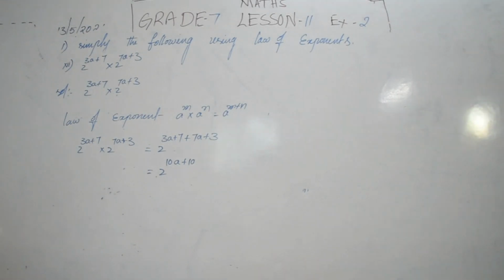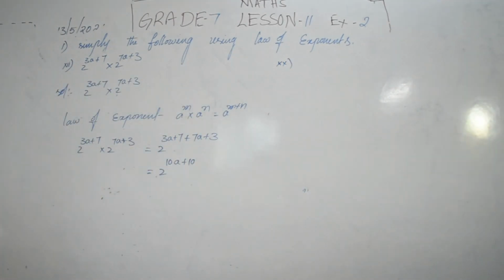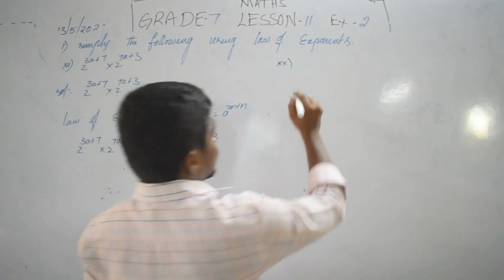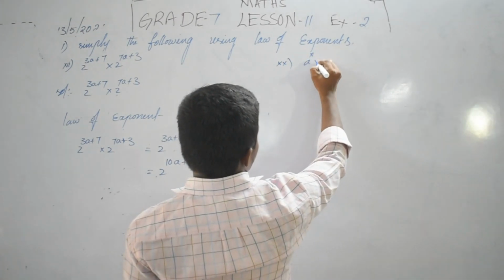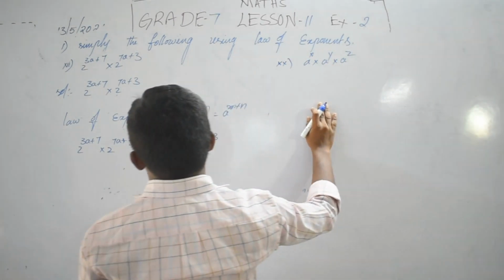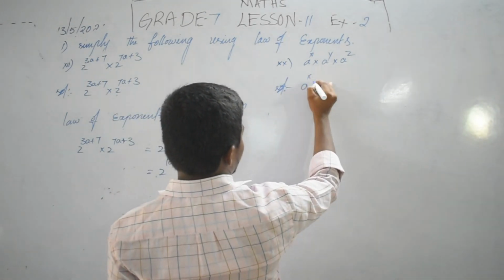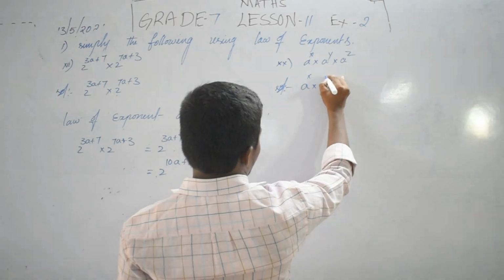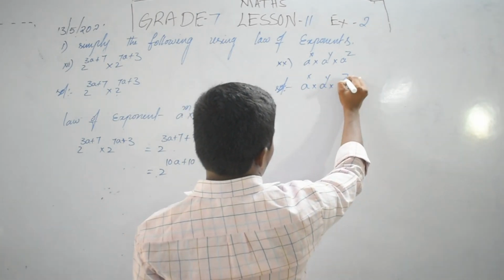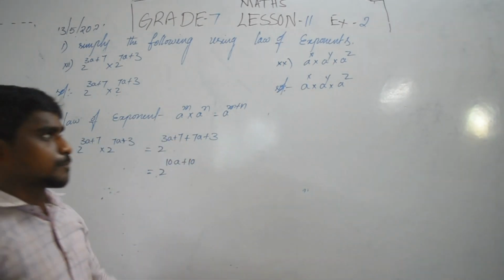Last one, the 20th problem. Here a power x, multiplied by a power y, multiplied by a power z. Which law is this? Law of exponent.